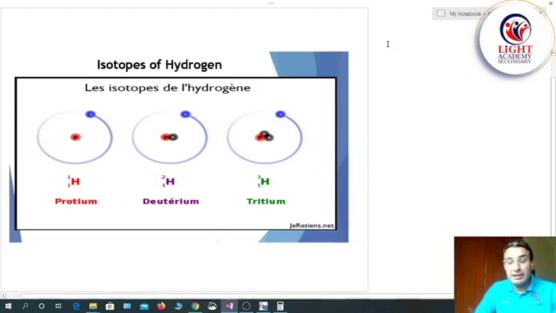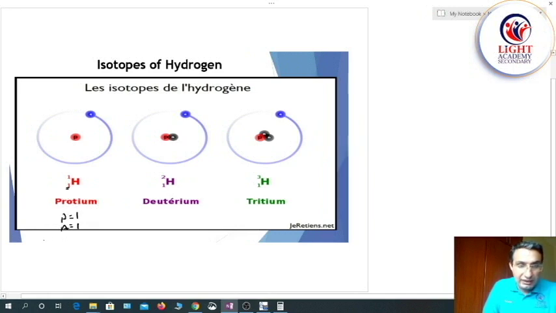For example, in the periodic table, almost all the elements have isotopes. What does it mean? They can exist in the form of having different atomic masses. Here I have hydrogen. In hydrogen, which is called protium, the atomic number is 1 and the atomic mass is 1.